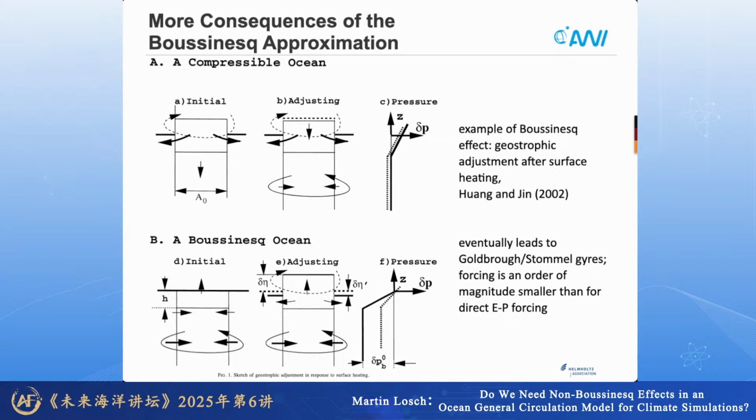In a Boussinesq ocean, this is different, because warming in a Boussinesq ocean doesn't change the sea level height, since you don't change the volume. Basically, by warming the ocean, you remove mass. And this then immediately leads to a reduction of the pressure in the deep ocean. So you have the pressure gradient not at the surface, but at the deep ocean, and water flows in.